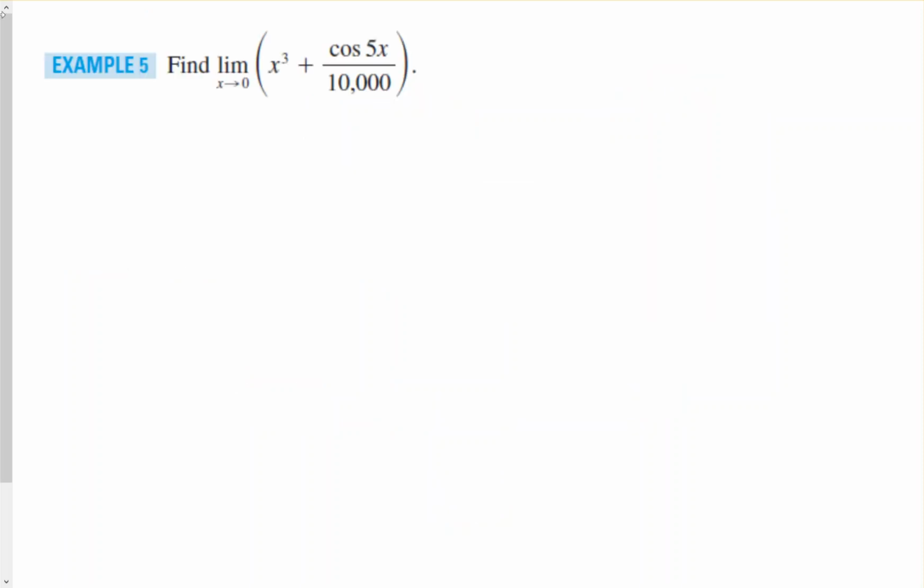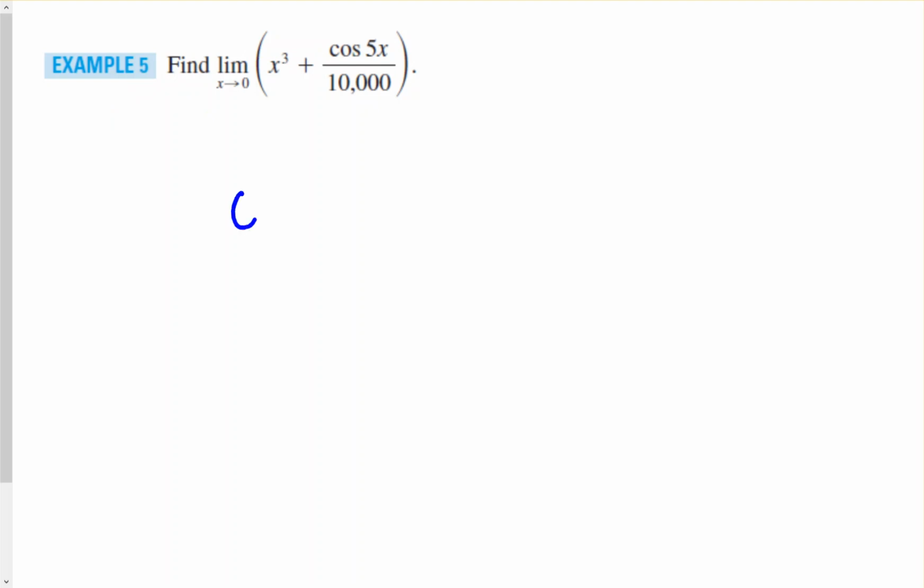Find the limit as x approaches 0 of x cubed plus cosine of 5x over 10,000. Okay, so if we plug in our 0, we can see what the value is.